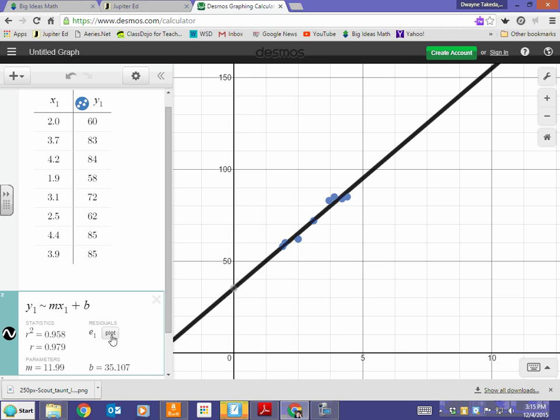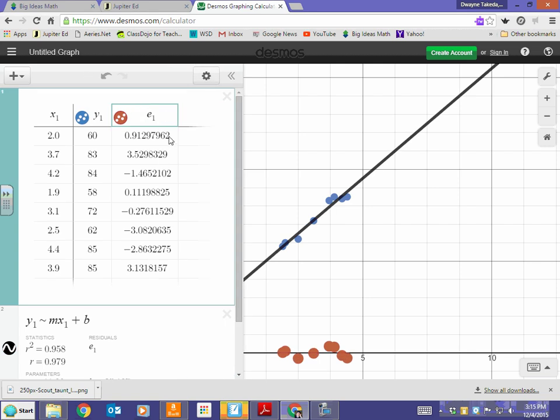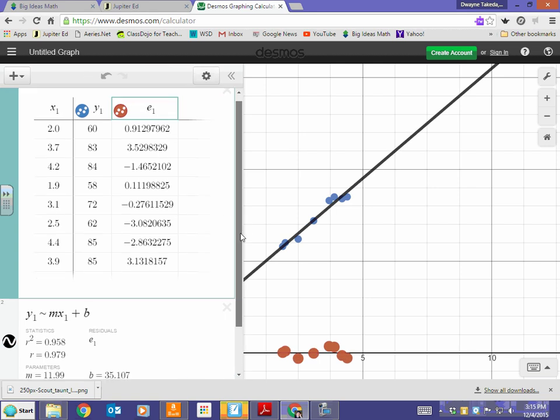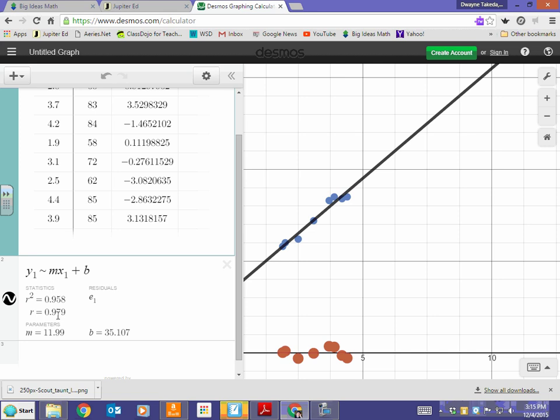I'm going to plot the residuals here so I can see what those look like. So again, those kind of form a straight line around the x-axis. Kind of the same pattern you see here, but around the x-axis. Here you see our residuals. And down here, this R, 0.979. This is the correlation coefficient.